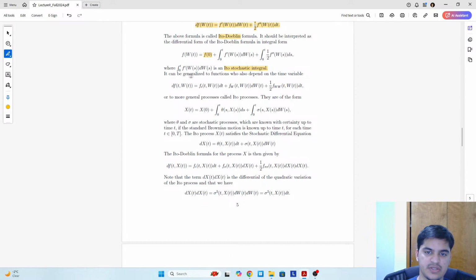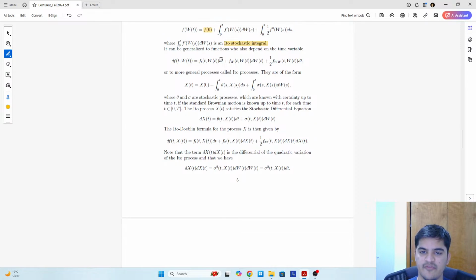It can be generalized to functions which also depend on the time variable, so if you have a mixed multivariable function, you can rewrite the Ito-Doeblin formula as f(t, W(t)).